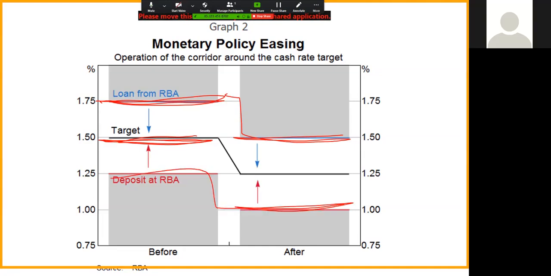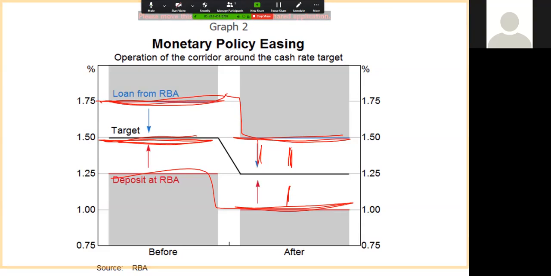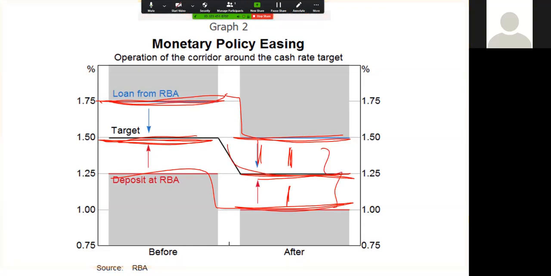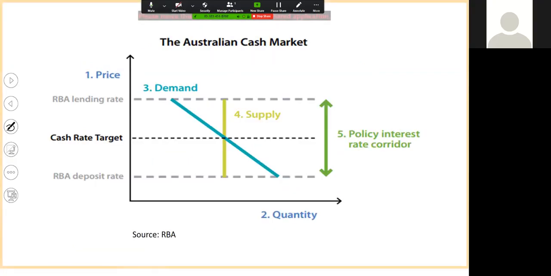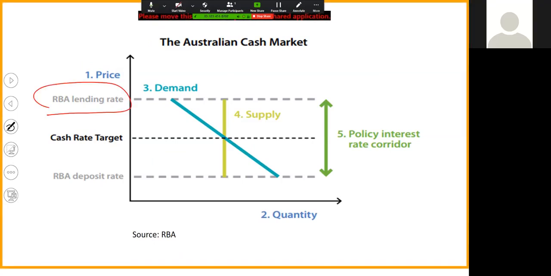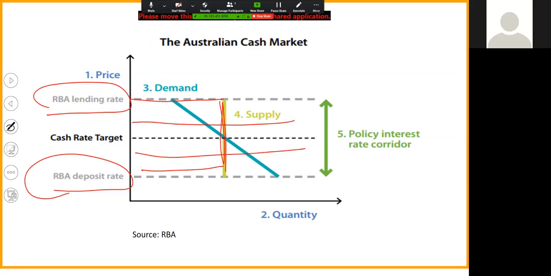So the interest rate on the lending and on the deposits come out to be settling somewhere in this range. And that's what we've said in our previous figure. What did we say? That it is the difference between the RBA's lending rate and the deposit rate. So this is the lending rate, this is the deposit rate, this is what it is. So if I want to bring it down, it's very simple. Here it is. Here it is.